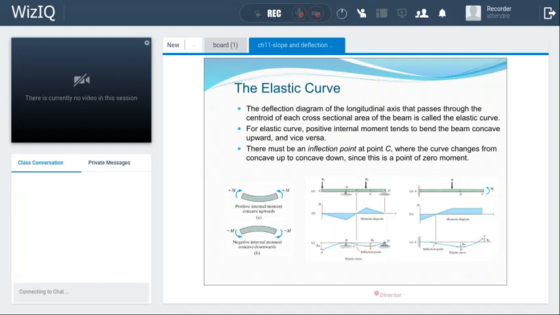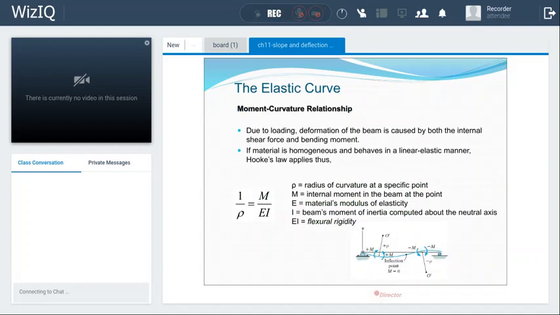Now we move on to see how we can start the calculation of slope and deflection for our beams.